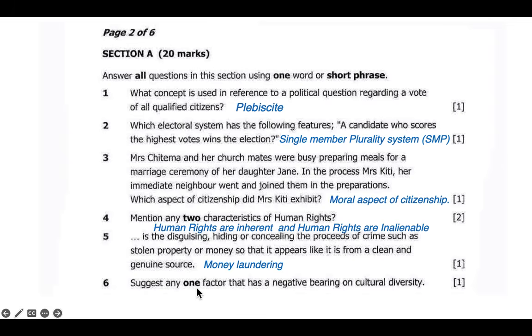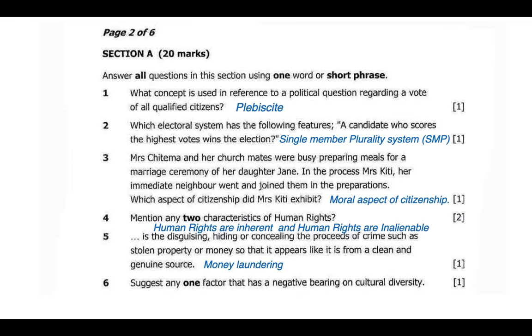Suggest any one factor that has a negative bearing on cultural diversity. There are many factors that can bring about a negative bearing on cultural diversity. The first one we can have is stereotyping. Apart from stereotyping, we have prejudice, and then we have ethnocentrism.